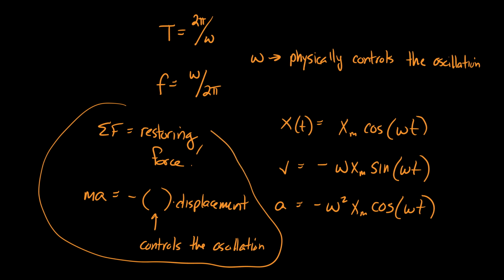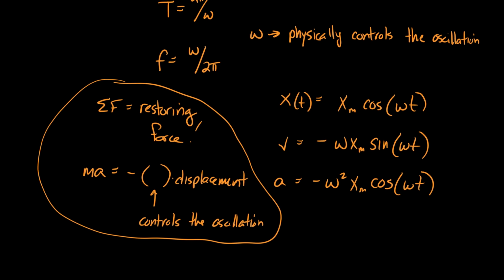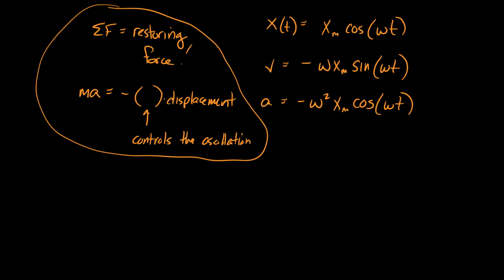In any oscillator, you're trying to find the thing that controls the oscillation. Now for the spring, it's K, and everything falls into place. Because whatever you get when you solve this for acceleration, this will always be omega squared, period. So if you can figure out what goes in those parentheses, that will always be omega squared.